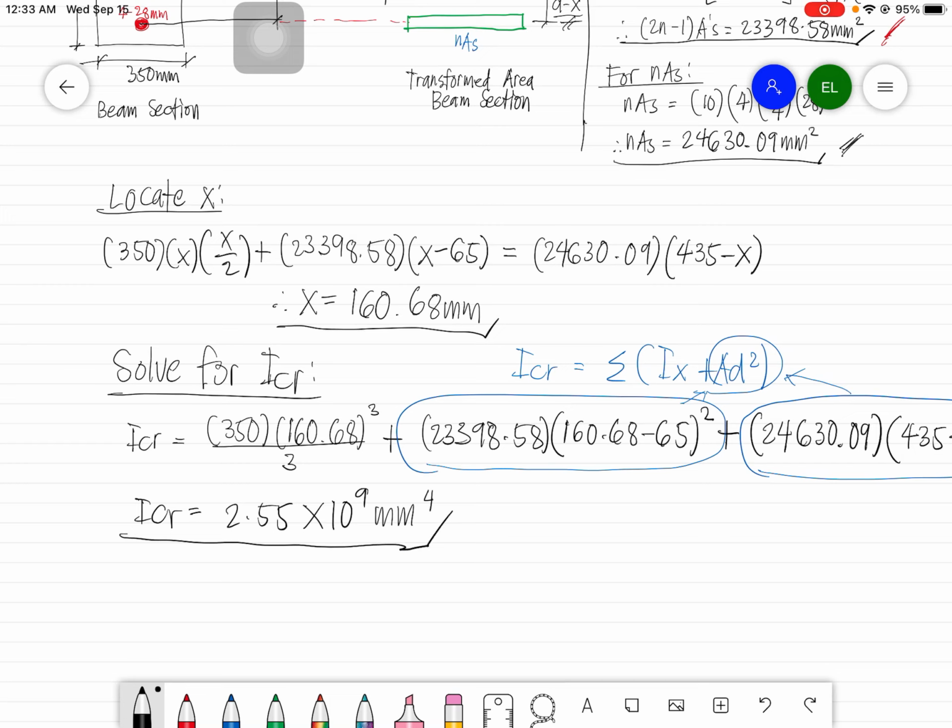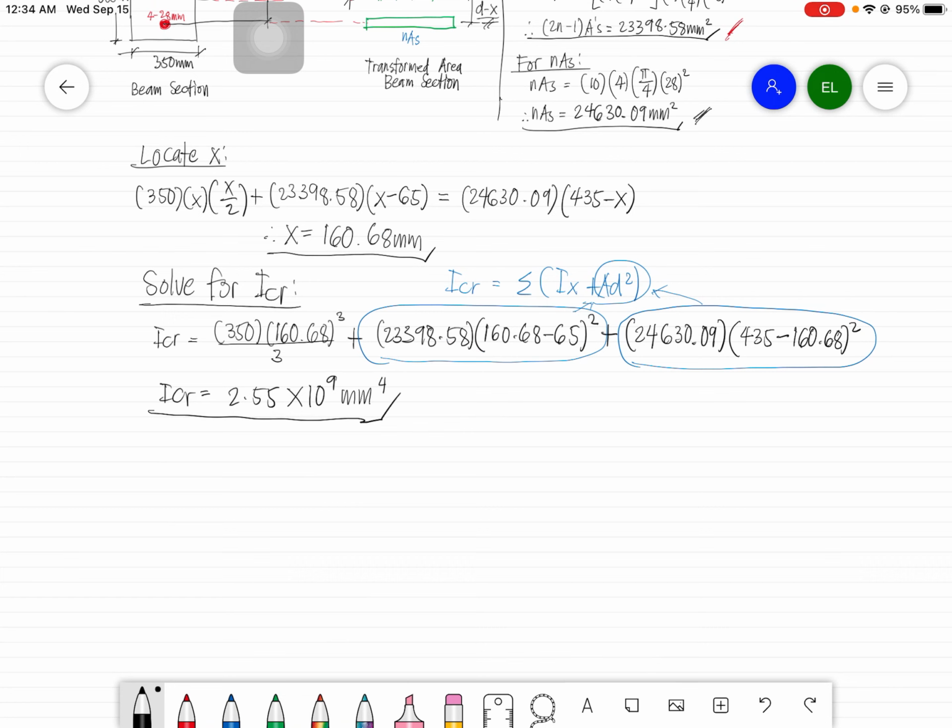And for the last step, we are tasked to calculate the stresses, the bending stresses. So we will compute the bending stresses for the concrete, for the compression steel bar, and for the tensile steel bar.